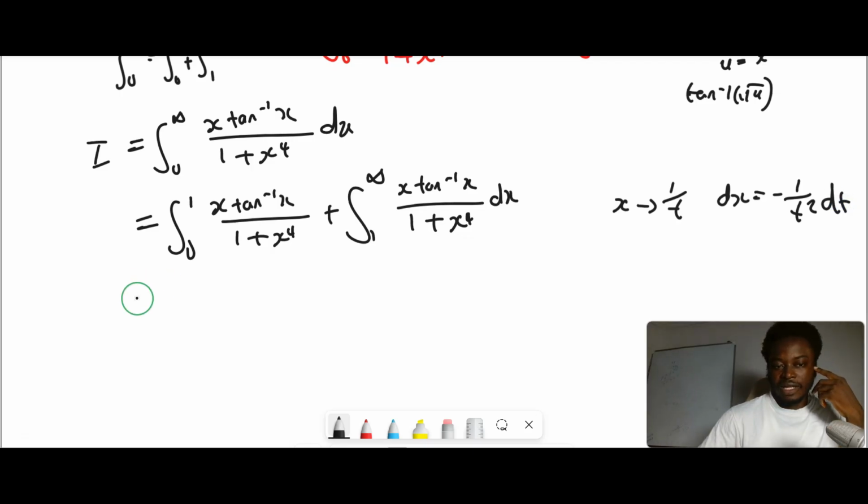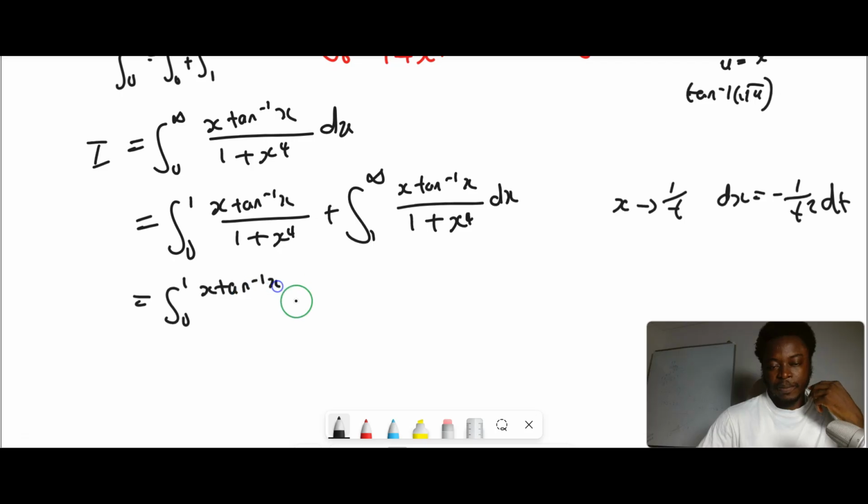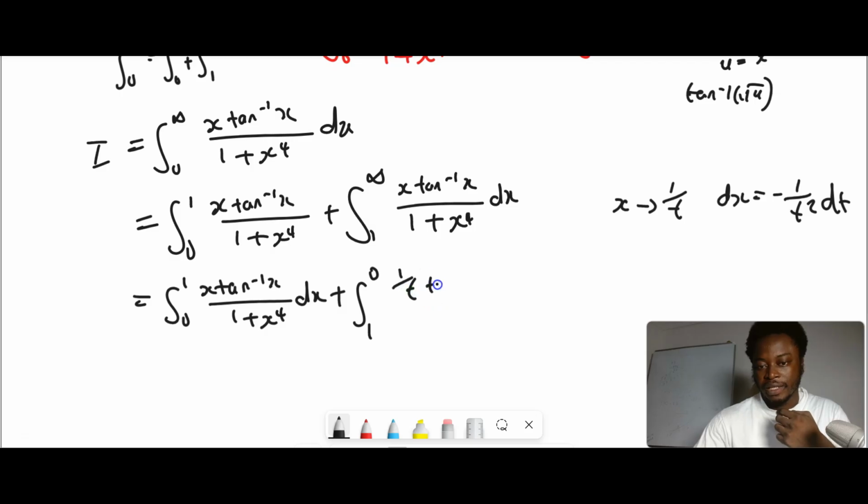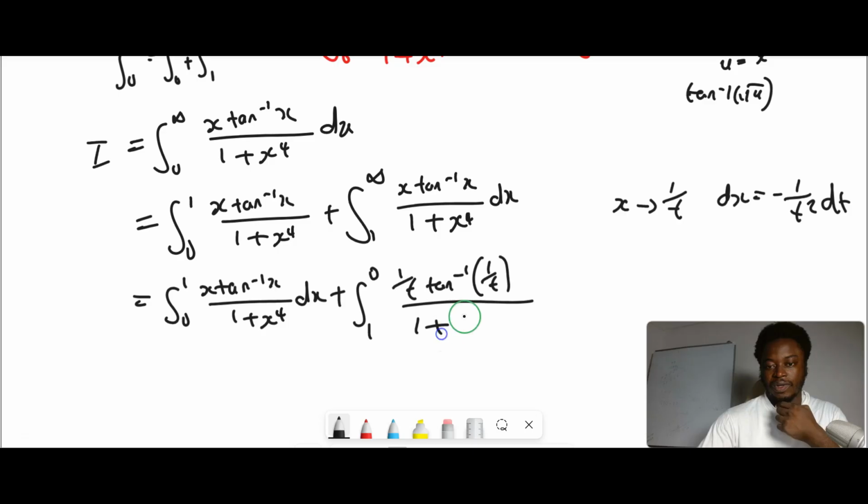So you're going to have the integral from 0 to 1 of x times tan inverse of x all divided by 1 plus x to the fourth dx plus, now when x is 1, t is 1, but when x is infinity, t would be 0, so that would be the integral from 1 to 0 of 1 over t tan inverse of 1 over t all divided by 1 plus 1 over t to the fourth power times negative dt over t squared.